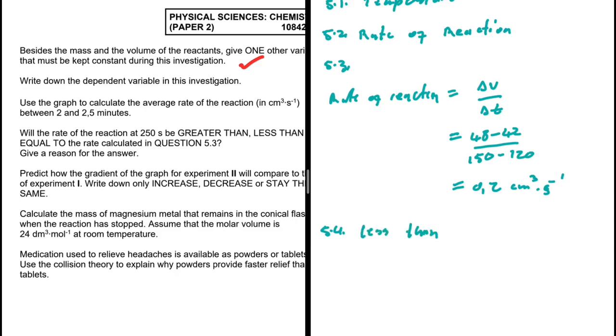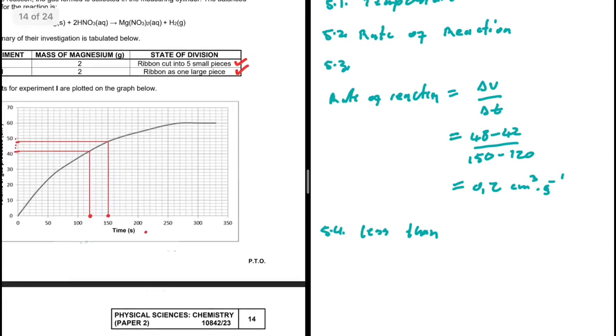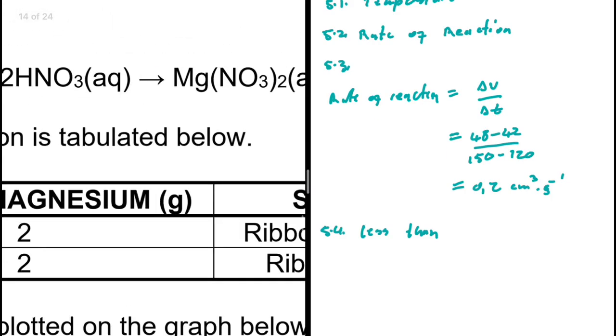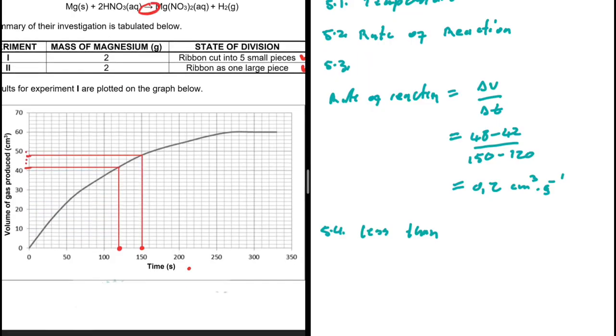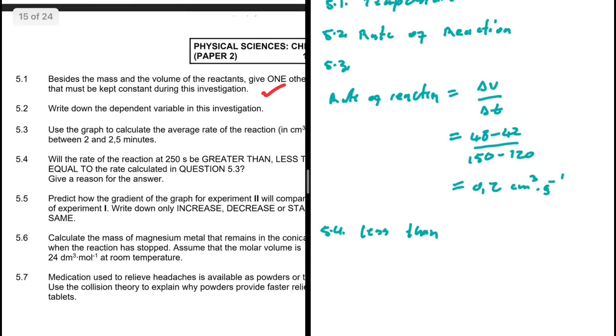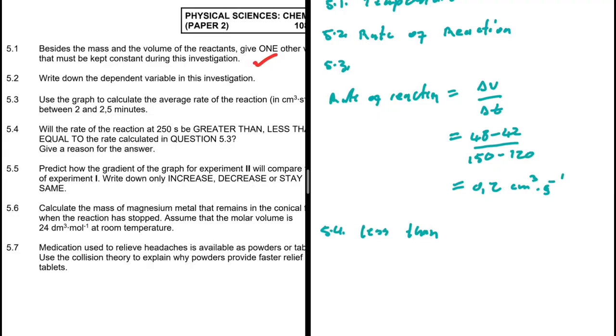Because as the reaction progresses, of which in our case it is not reversible, the amount of reactants gets smaller and smaller. And as we have fewer moles, we're going to have fewer effective collisions. So we expect the rate of reaction to decrease.